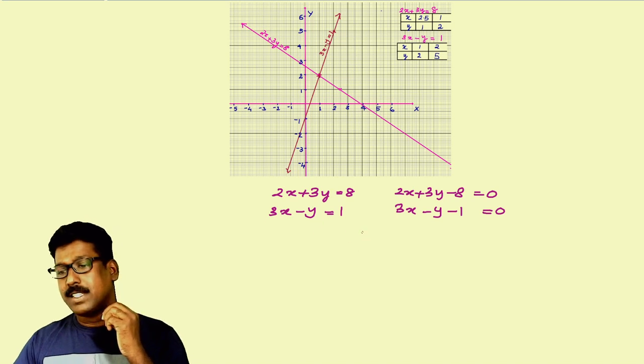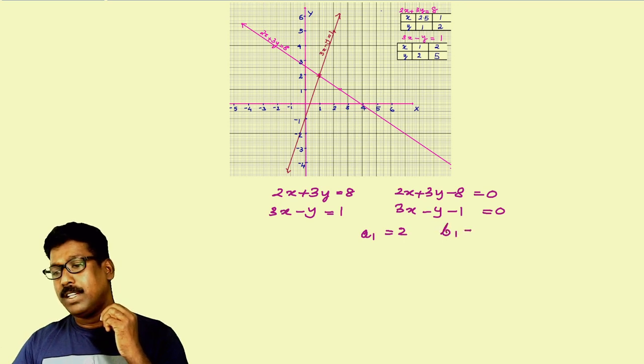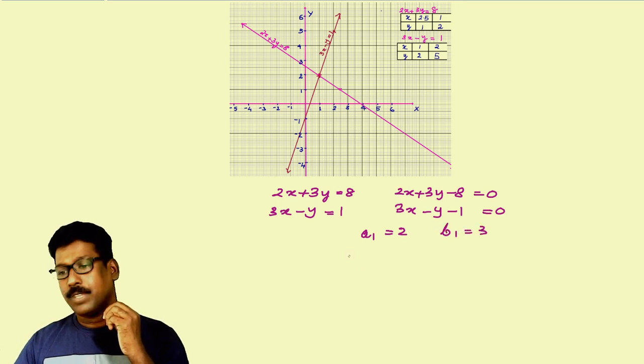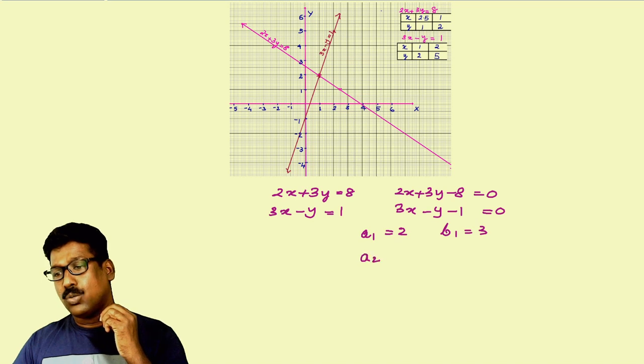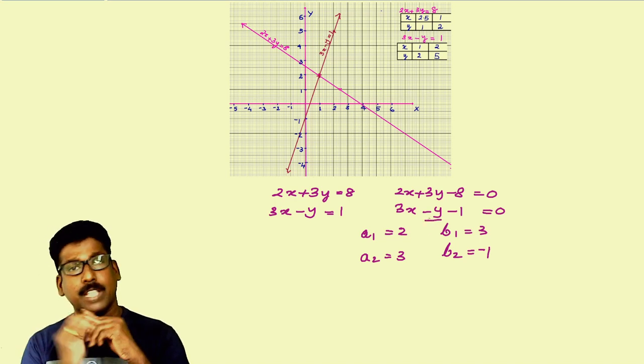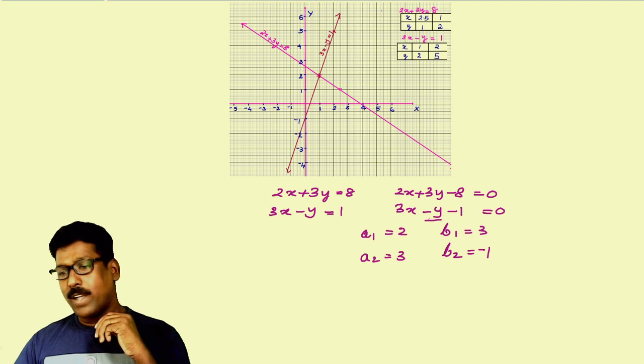Now what is a1 here? a1 is equal to 2, b1 is equal to 3 and a2 is equal to 3, b2 is equal to negative 1. Negative y means negative 1y. Now what is a1 by a2 here?